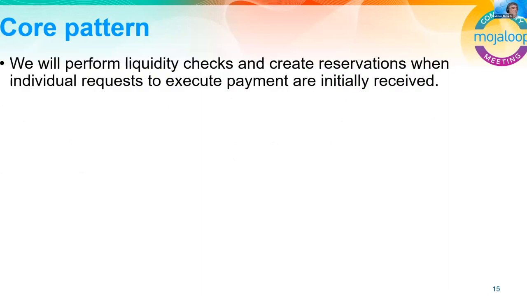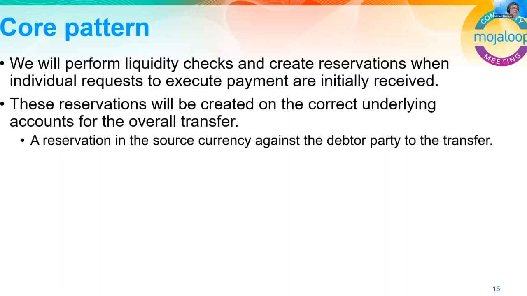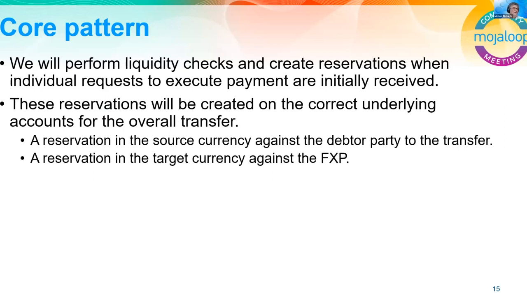The core pattern then, we think, is we perform liquidity checks and create reservations when the individual requests to execute a payment are initially received. That is, the currency conversion and payment itself. These reservations must be created on the correct underlying accounts for the overall transfer. That is to say, a reservation in the source currency against the debtor party to the transfer, and a reservation in the target currency against the FXP.